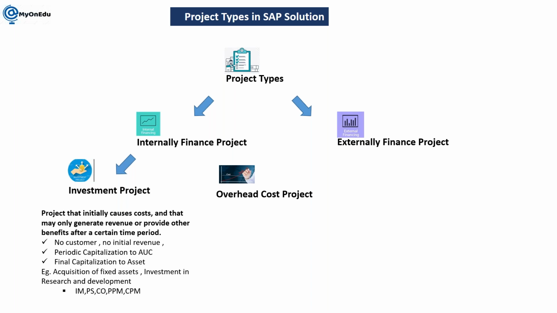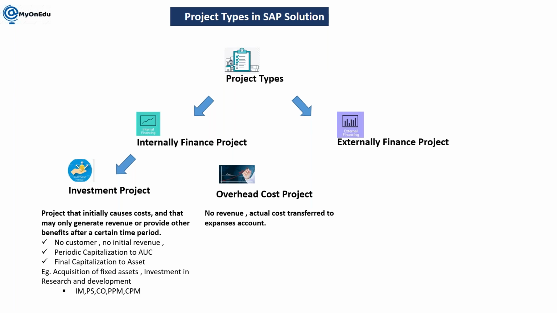Another kind of project here is the overhead cost project, where there is no revenue, and actual cost is transferred to an expense account. For example, you have started an education campaign as a specific project. Let's say you are constructing one plant, and the laborers working on that project have kids, so you have started an education program for them.